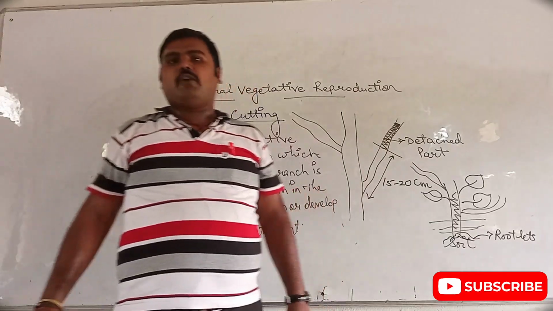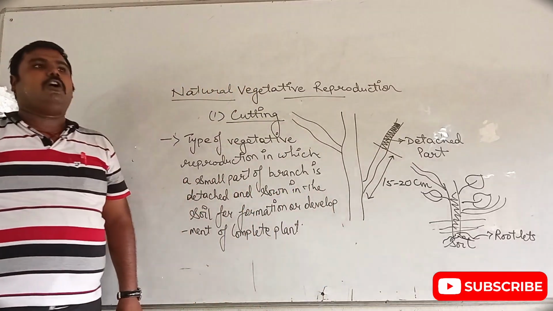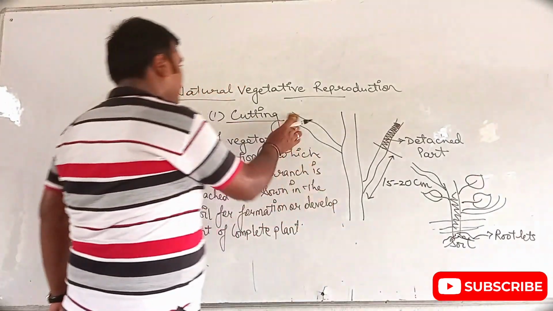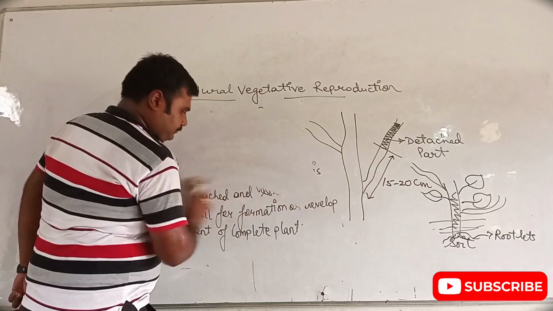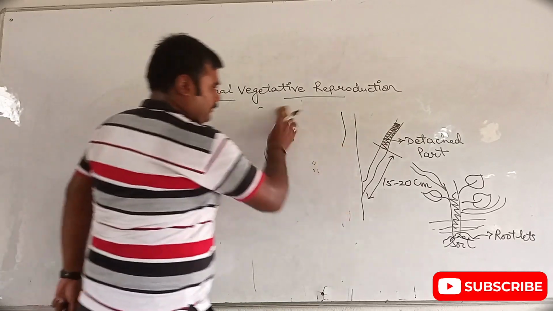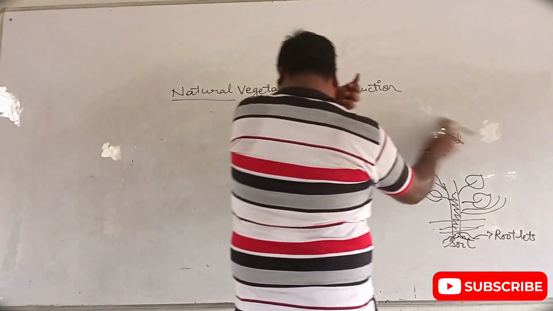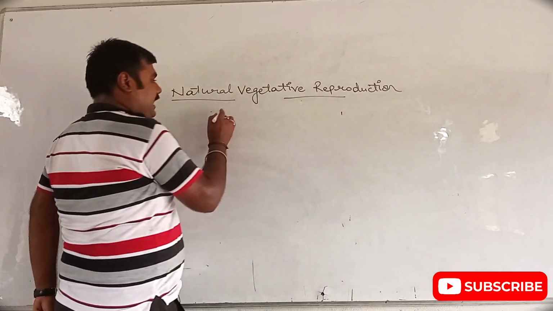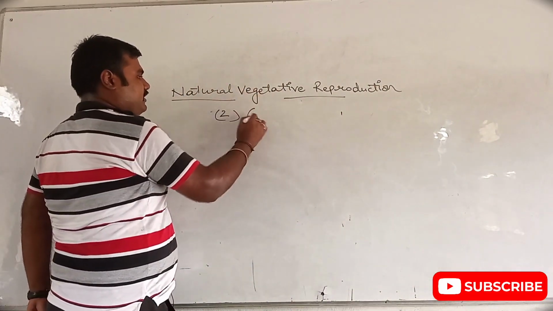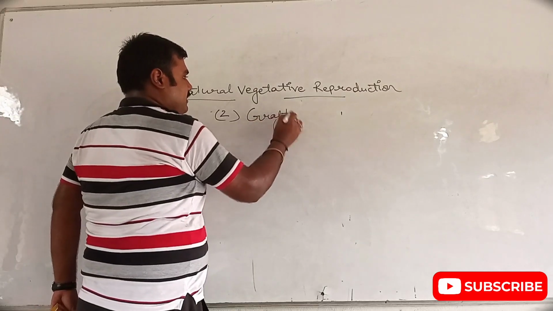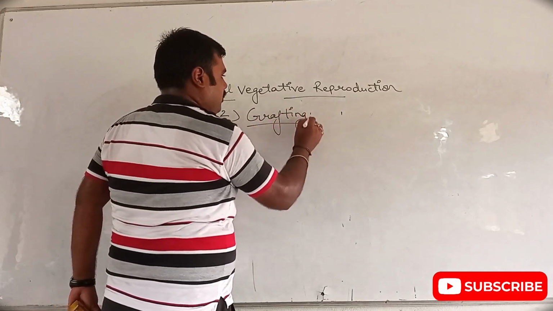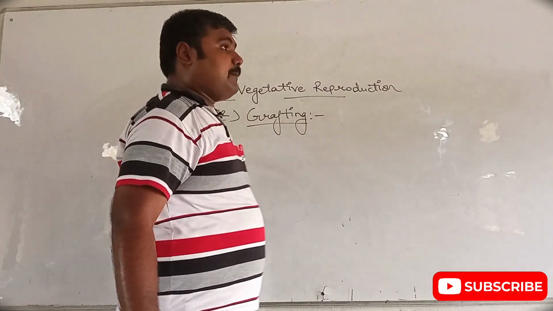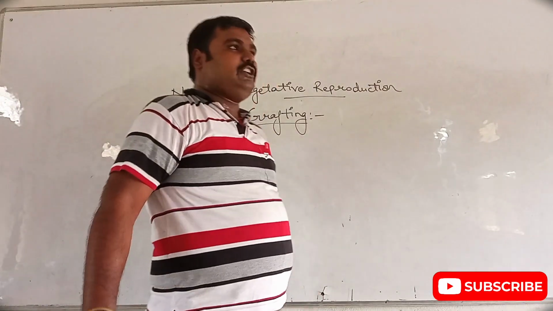Now let's talk about the second type of vegetative reproduction, which is known as grafting. What do we do in grafting? In grafting, suppose two plants are present together.